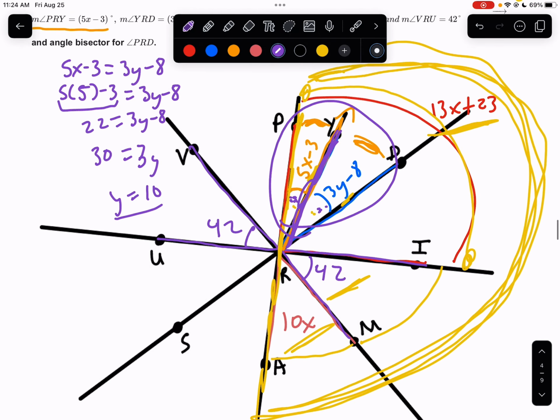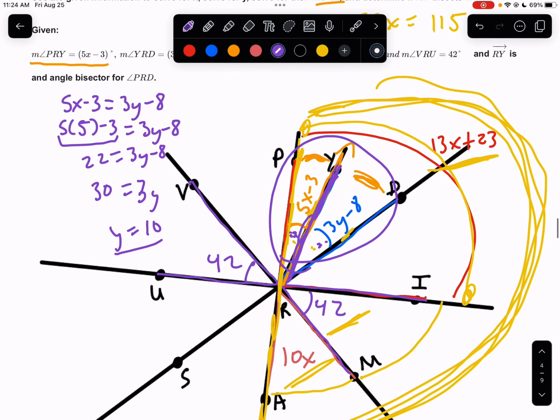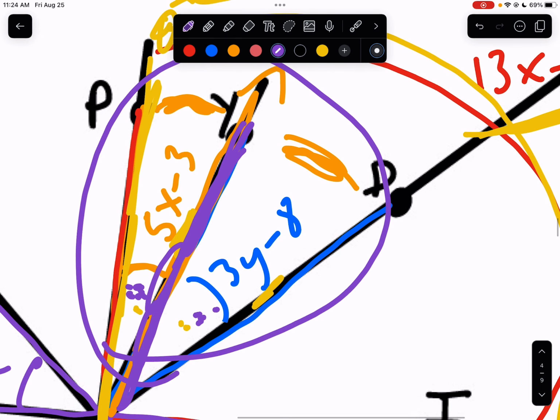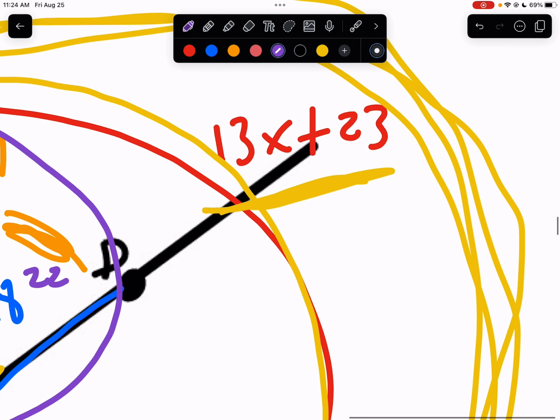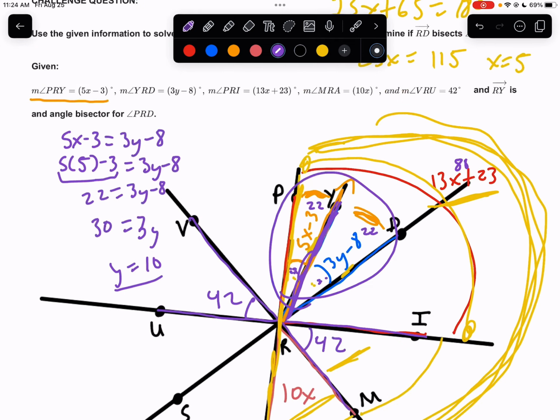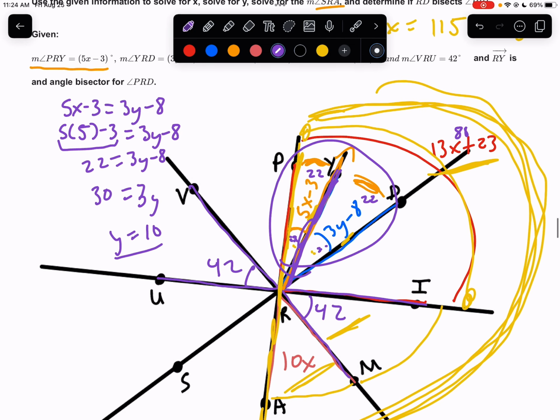Okay. So if x equals 5, we know that this angle comes in at 22. We know that this angle comes in at 22. Plug in 5 there: 13 times 5, plus 23. We know this is 88. So if all of this is 88, how do I get this part?